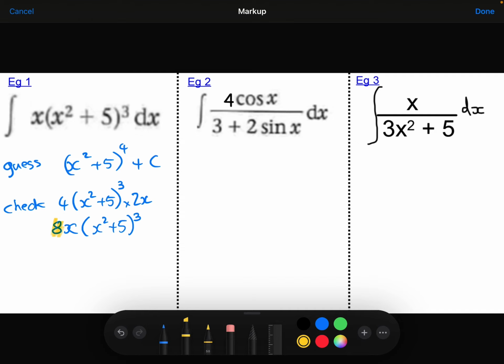So, that's telling me now that I should divide my guess by 8. If I divide my guess by 8, that would also divide my answer by 8, which would then give me the integral that we started with. And so that's my answer.